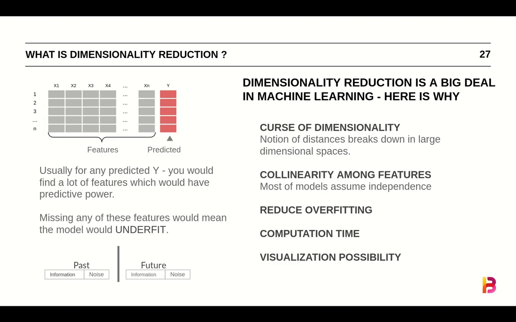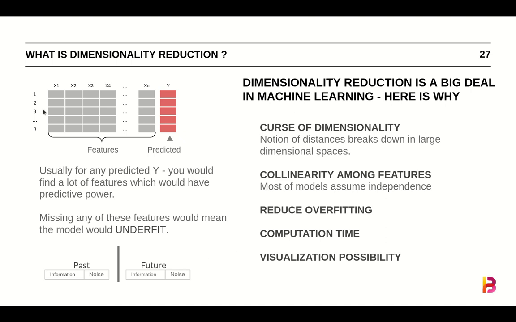Now, what is dimensionality reduction? Usually, given data, we would have something we want to predict and a number of features which help us predict that. Generally, if we want to predict something, we might want to have as many features as have influence over what we are trying to predict.